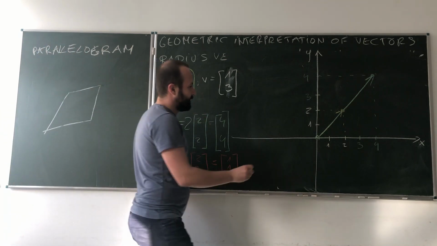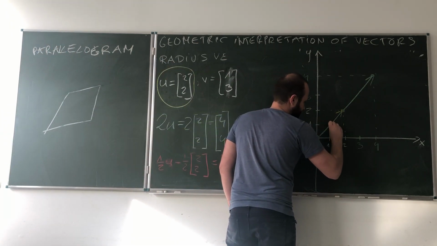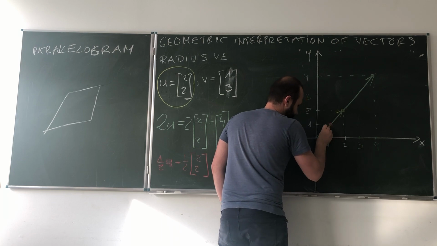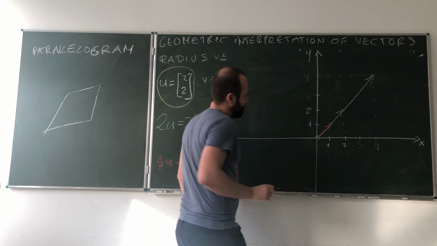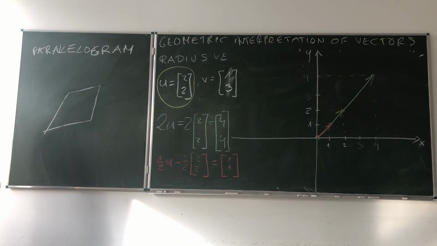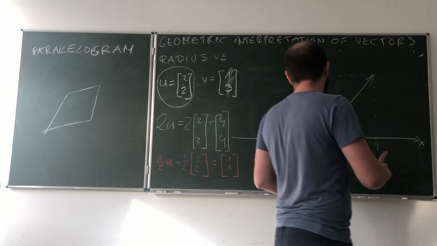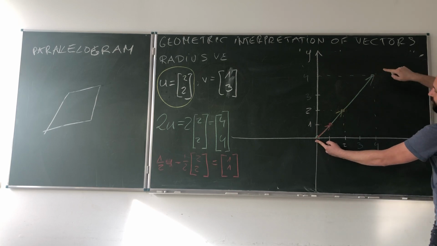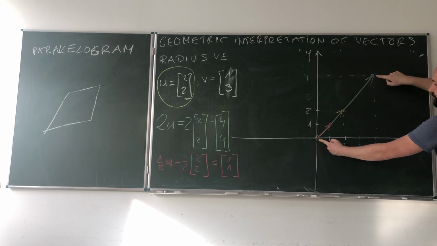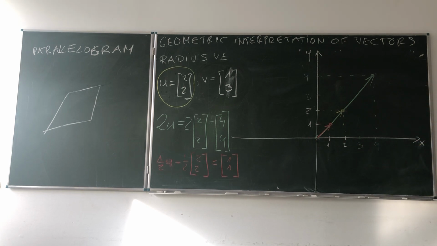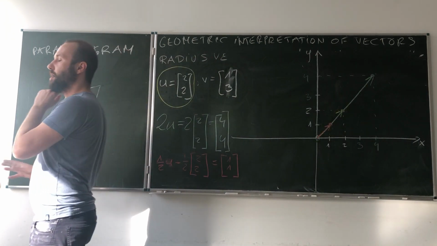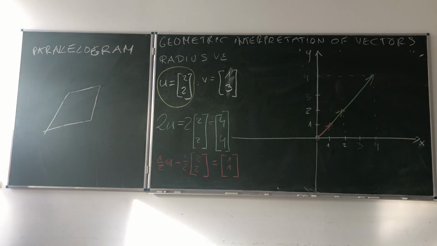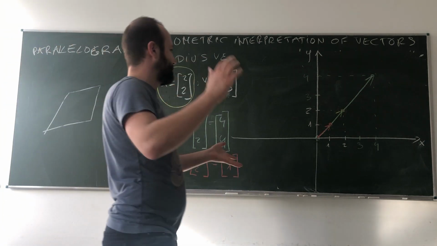So, if I want to draw it, we see that now all we've got is 1/4 of vector 2u. Okay, and look, this is the scaling effect. By multiplying a vector by a positive number, we are scaling it up or scaling it down.